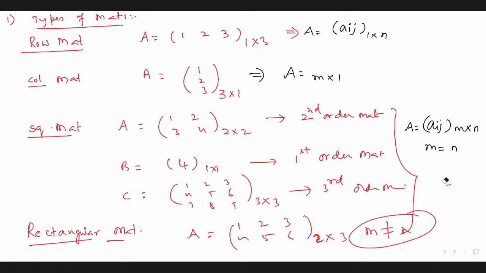These are important. He is going to give you 4 options. In those 4 options, which one is a square matrix, which one is a rectangular matrix, he is going to ask you.